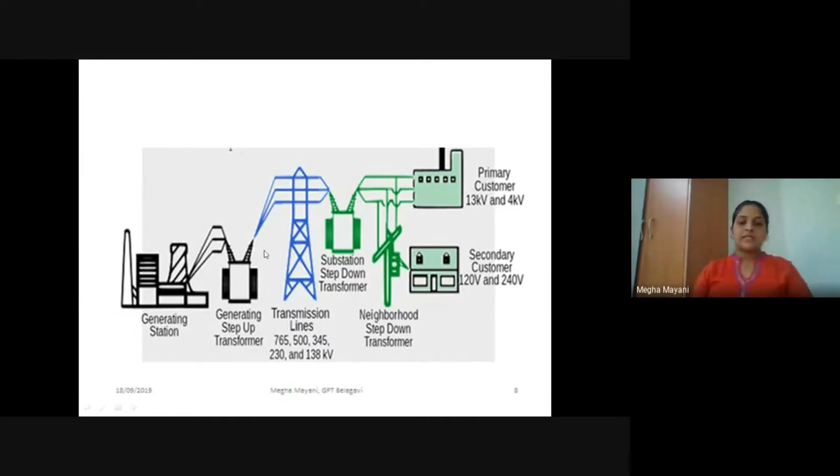So as you can see here, from generator to the grid, we have a step-up transformer, and from the grid to the distribution network, we have a step-down transformer. So what we get as the secondary customer is usually a 230 volts 50 hertz signal as the standard AC. So here there is usage of both types of transformers. That's what I wanted to convince you all.